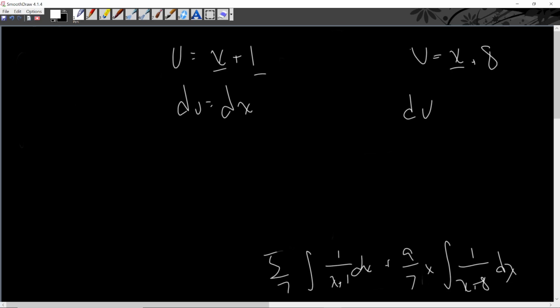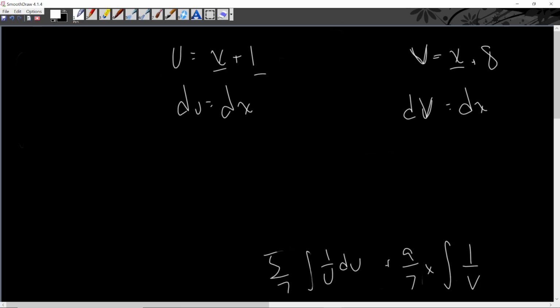Let's make this v, so it's a little bit easier. dv, and then derivative of x is 1 times dx, so dv equals dx. And then we're going to have 1 over u du plus 1 over v dv.